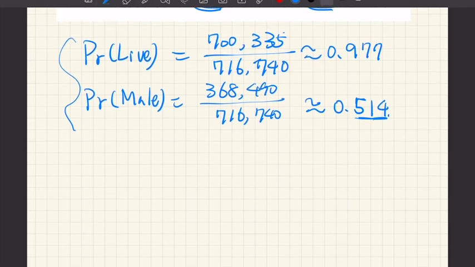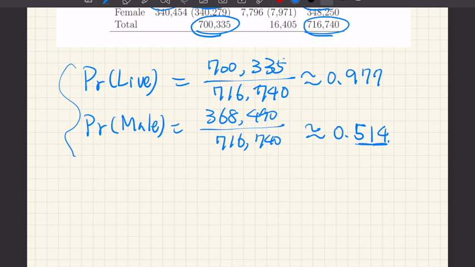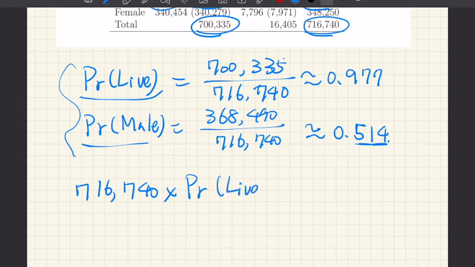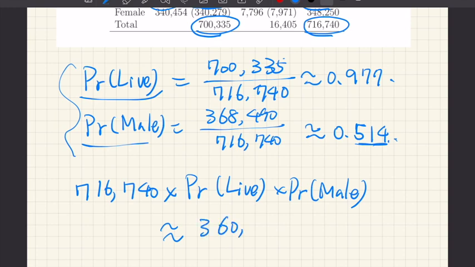If they're independent, then we should have 716,740 times these probabilities, live times male. If you plug in these numbers, this should be 316,056.